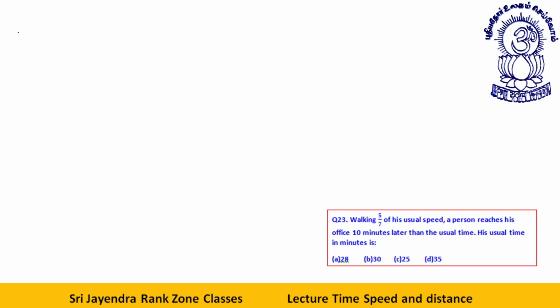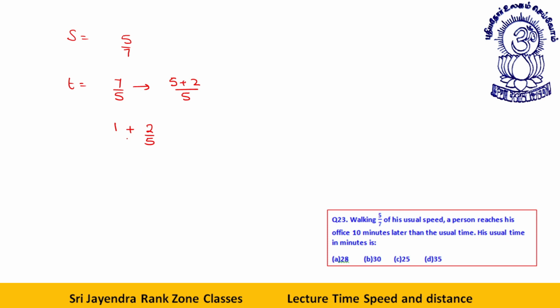Walking at 5 by 7 of his usual speed, a person reaches his office 10 minutes later. Speed becomes what? 5 by 7. The time will become what? 7 by 5. What does 7 by 5 represent? It represents 1 plus 2 by 5. How come? 5 plus 2 by 5, or 1 plus 2 by 5.